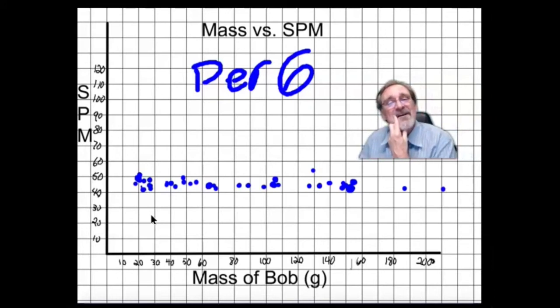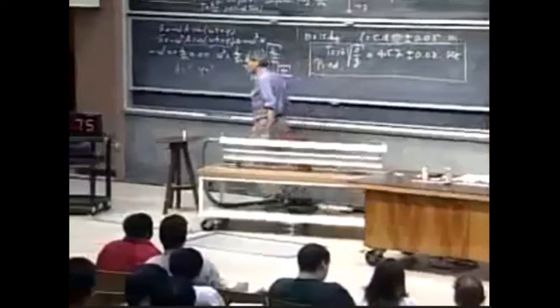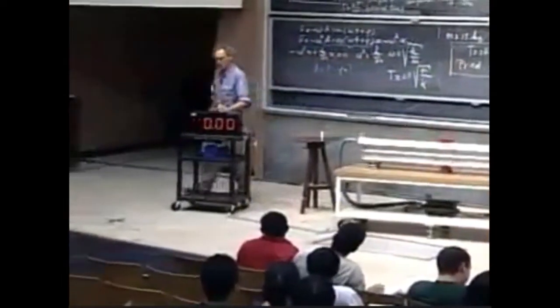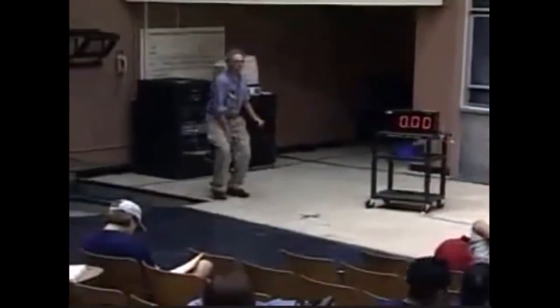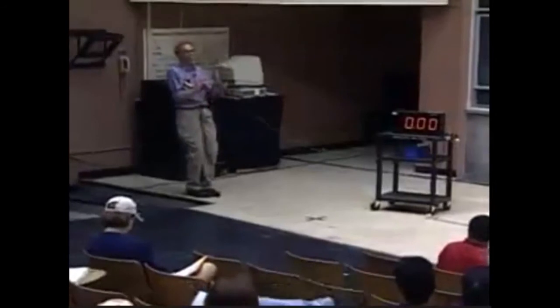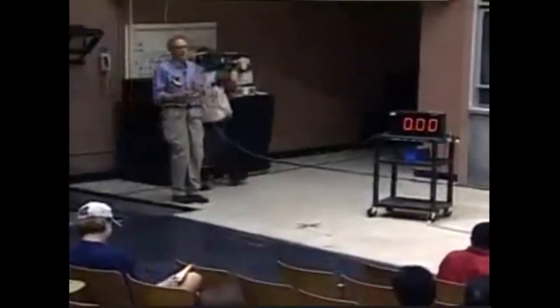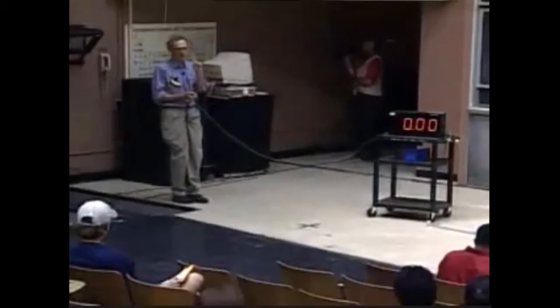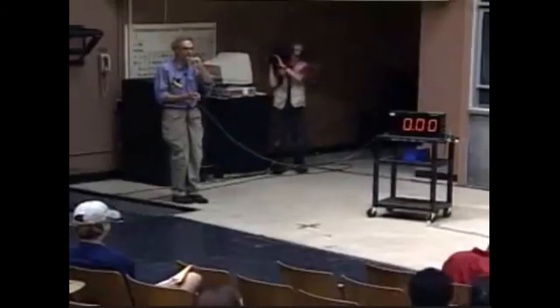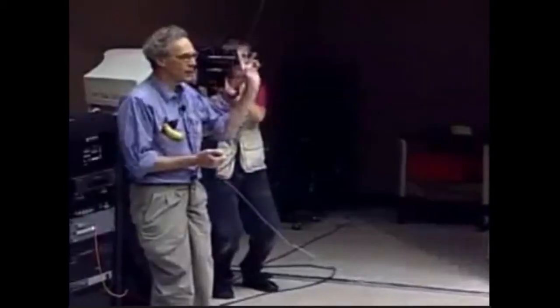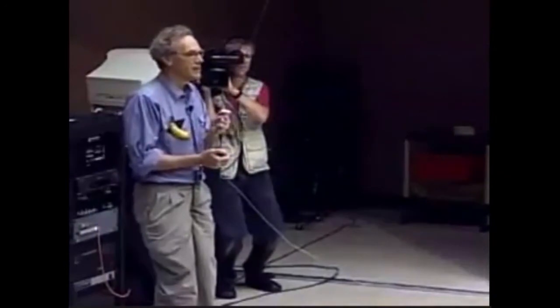Does the mass affect the rate of swinging? Is that the period of the oscillations is independent of the mass of the object. That would mean if I join the bob and I swing down with the bob, that you should get that same period. Or should you not? I'm asking you a question before we do this awful experiment. Would the period come out to be the same or not? Some of you think it's the same.